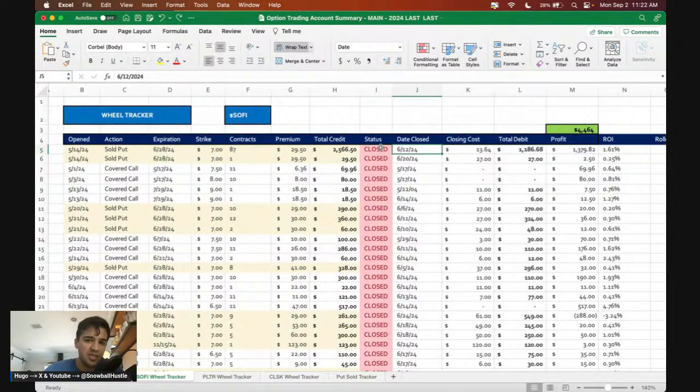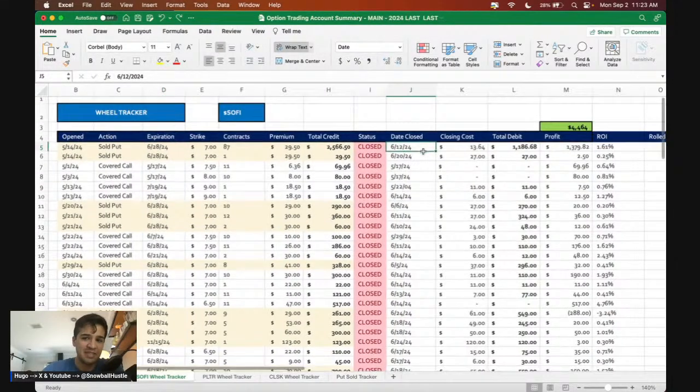Date closed. This section to the right is pretty much the closing of the option, right? This particular trade, I closed it on the 12th of June, and I opened it on the 14th of May, so I was already about a month into the trade. The trade had about 2 weeks left because it expired on the 28th.